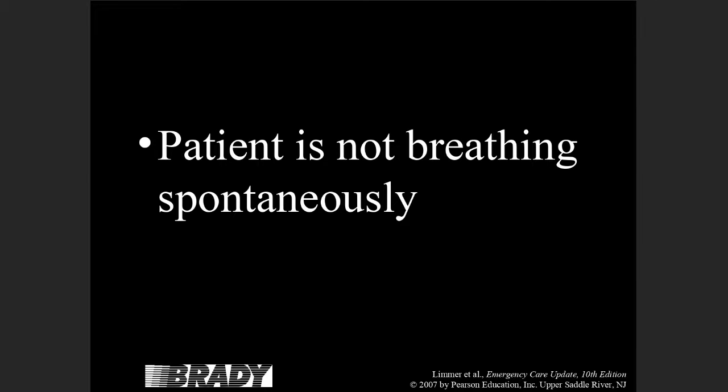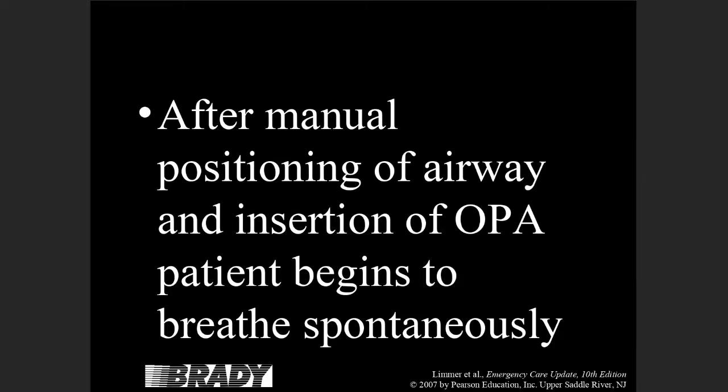Well, do we do anything yet? Do we have to do anything before making that designation? All right, open up that airway. So after manual positioning of an airway and insertion of OPA, patient begins to breathe spontaneously. What do we do now?